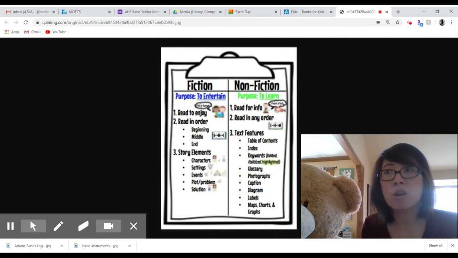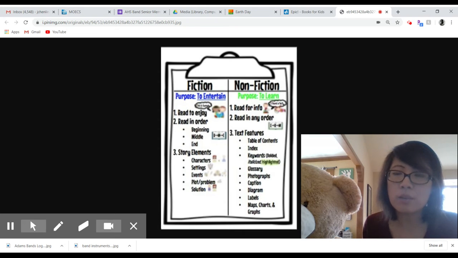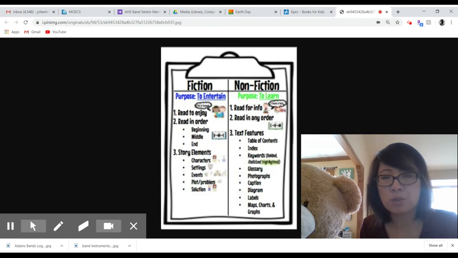But these characters could also be pretend characters like talking animals. Now, we know that animals don't talk in real life, but in a fictional story, you will find lots of these talking animals. And that's usually a good clue that the story is a fiction.